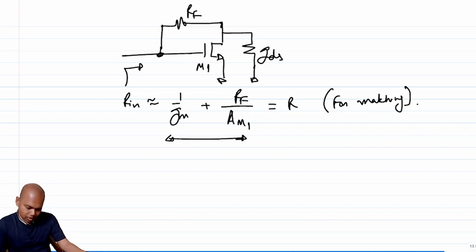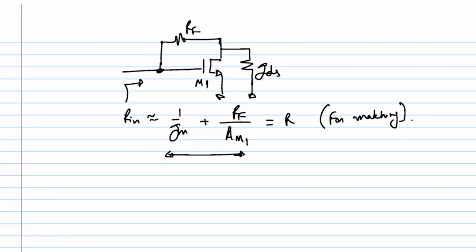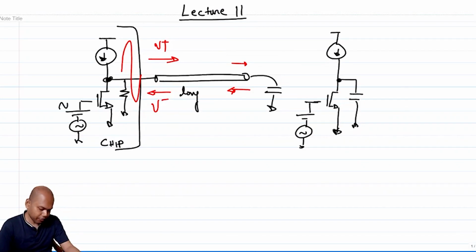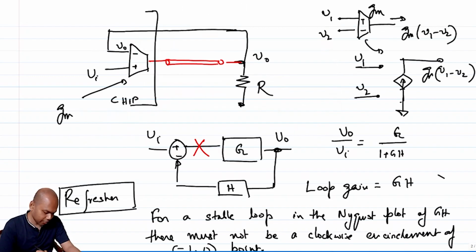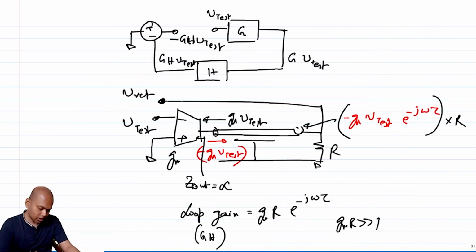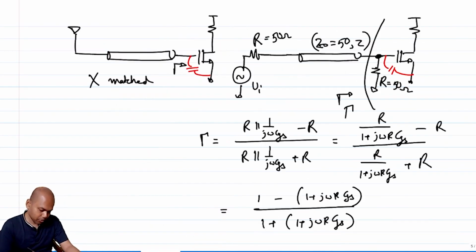Okay. So before we stop, in order to summarize today's lecture, what all things did we learn? We saw a couple of ways where not taking care of these long transmission lines can harm us, in terms of causing breakdown or in terms of causing stability issues in a feedback loop.